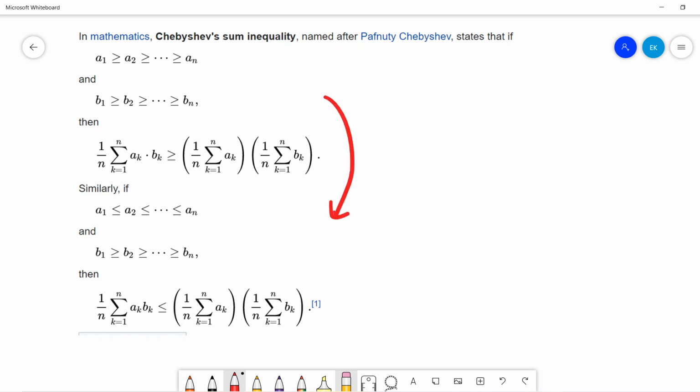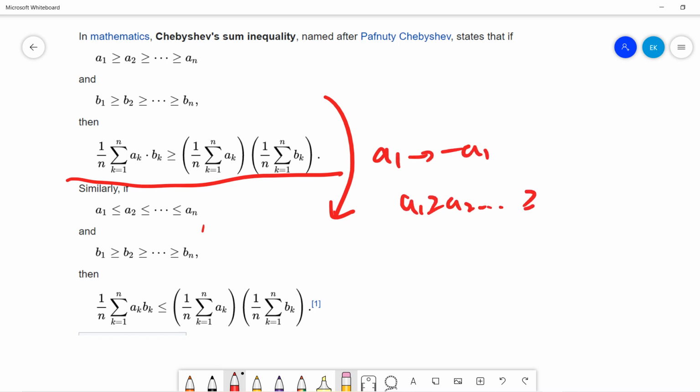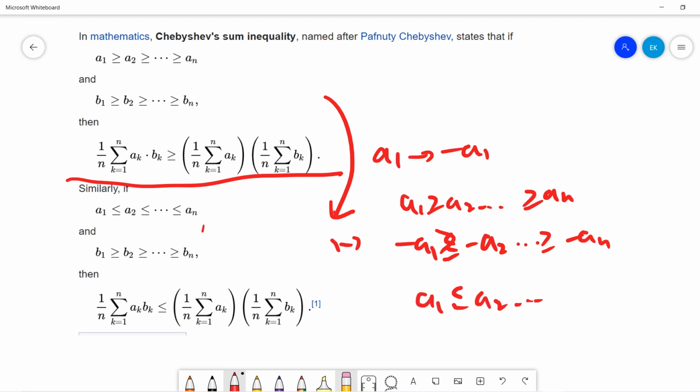Okay, so let's quickly see the proof. Going from the first inequality to the second is very easy. You just change a1 to minus a1. Suppose you originally have this, and then you map it to this.